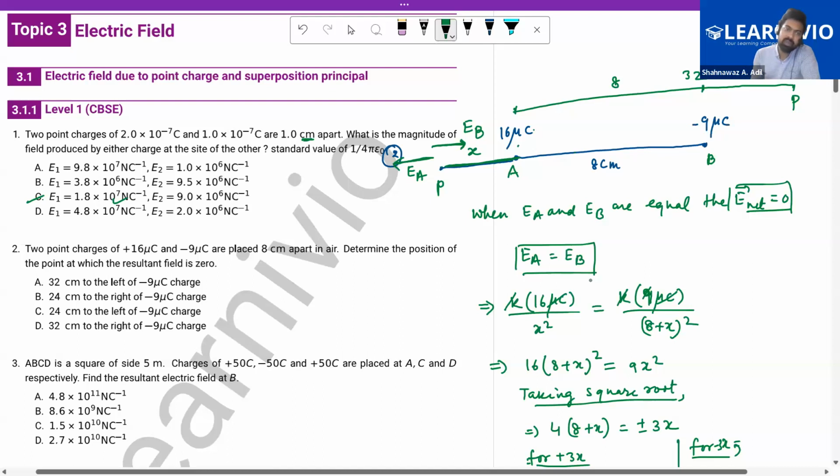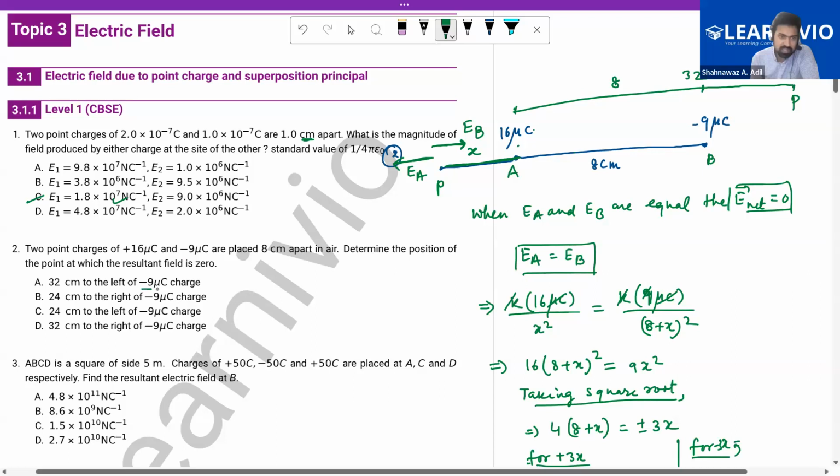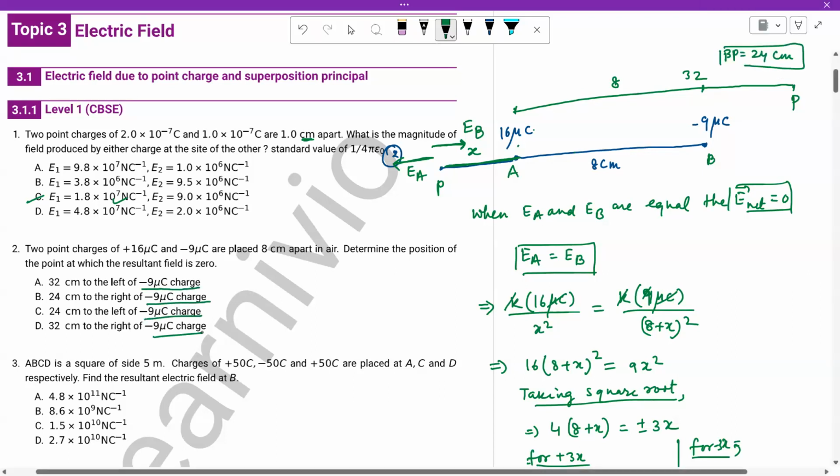So we are measuring the distance from where? B and P. We are measuring the distance from the 9 coulomb charge, right? So from the 9 coulomb charge, we have to go 24 centimeter right. Clear?